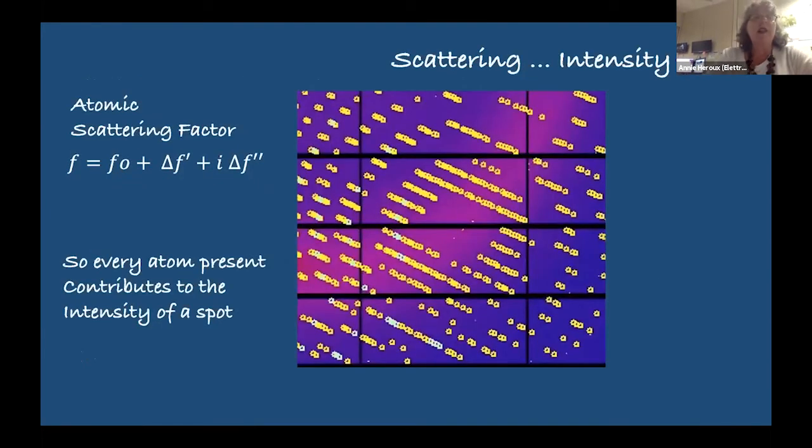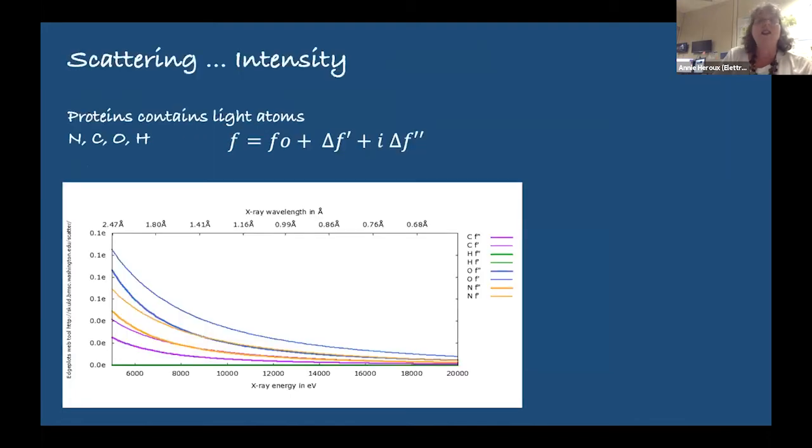So we are talking about the intensity, and the intensity will basically depend on how heavy, how many electrons you have in your atoms present. And for macromolecular crystallography, unfortunately, we only have very light atoms.